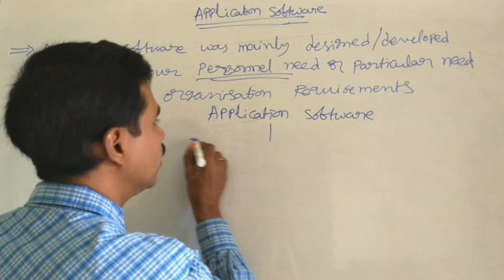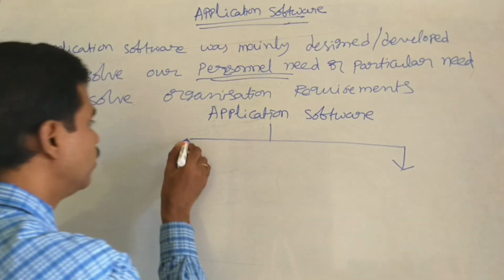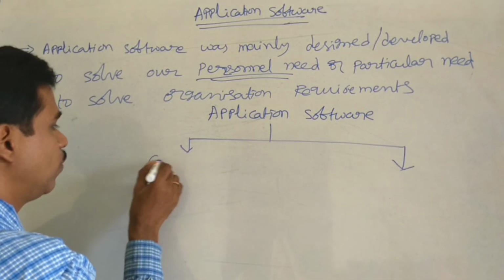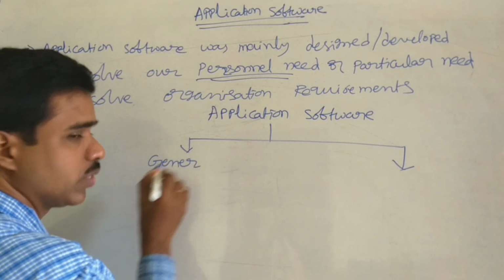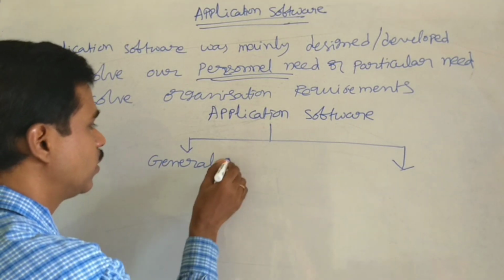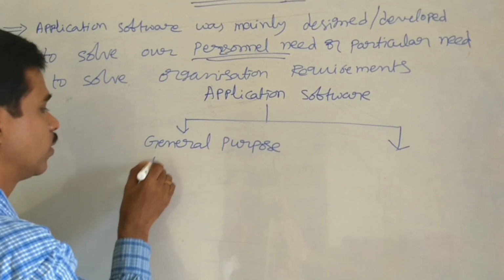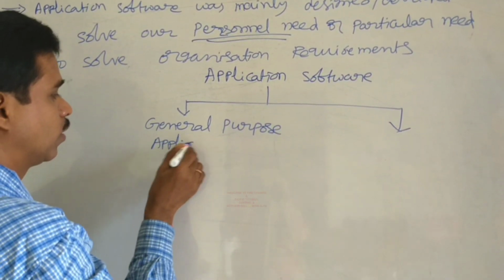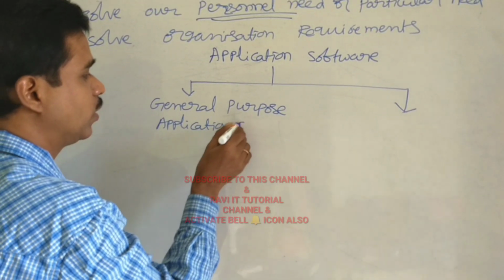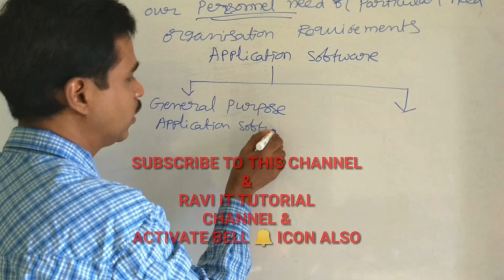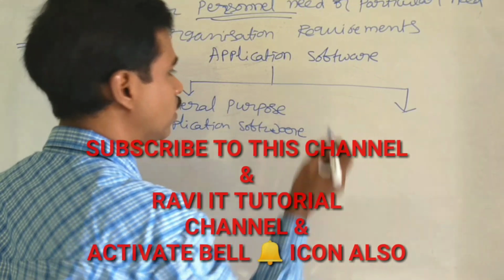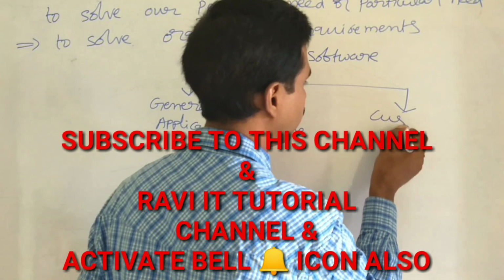Application software, generally it is divided into two categories. Based on the usage, the first is general purpose application software, and the second one is customized application software.